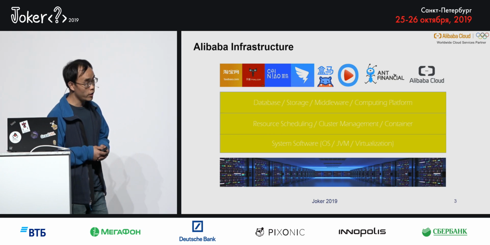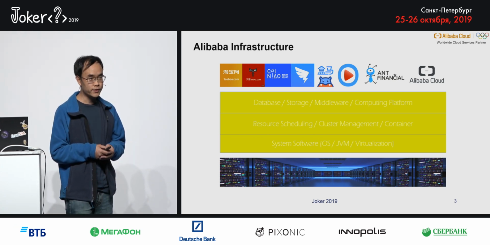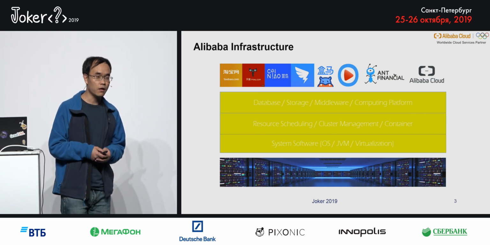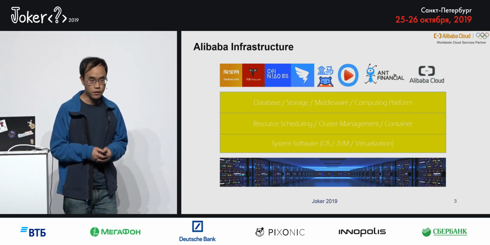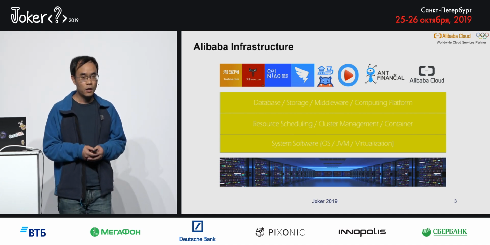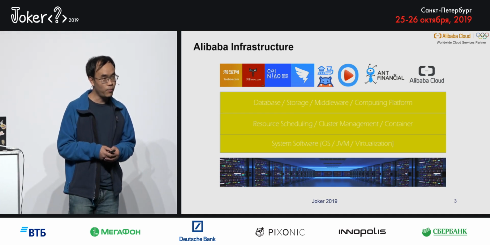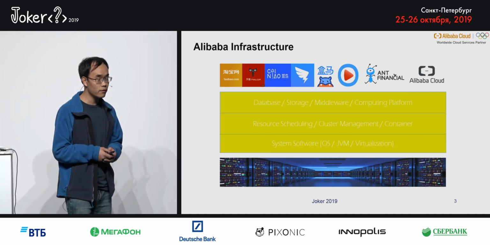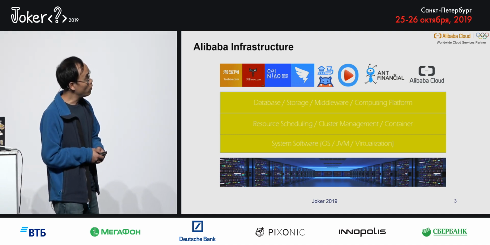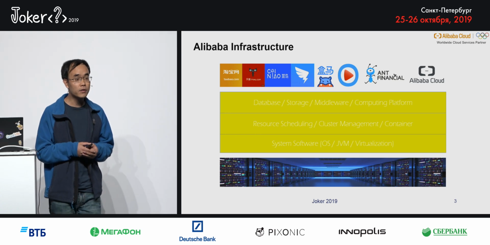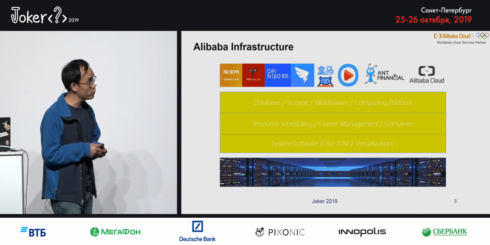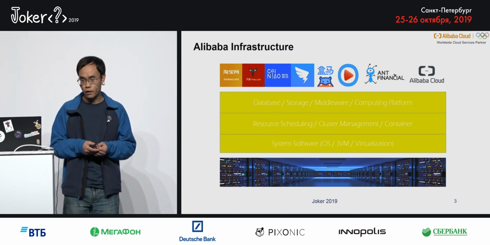We also have our own resource scheduling system, which is based on the Kubernetes ecosystem. We also have our own databases, OceanBase and PolarDB. On top of that, we have different workloads: e-commerce, financial, logistics, and also Ali Cloud. So lots of things.